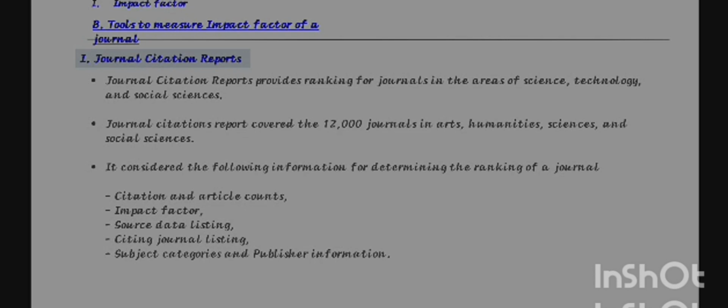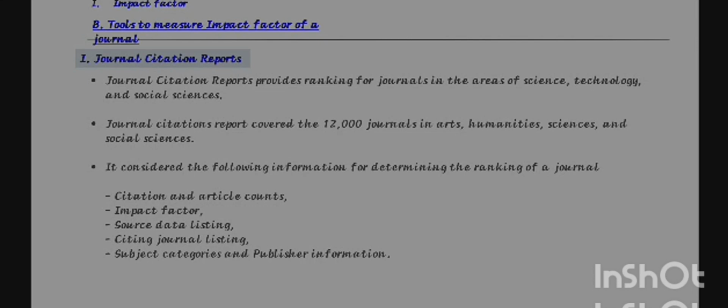So we need to know about the tools to measure the impact factor of a journal. There are different tools, and we will understand them. The first tool is the Journal Citation Reports. It provides the ranking for journals, whether in science, technology or social science, and covers around 12,000 journals in arts, humanities, science and social science.